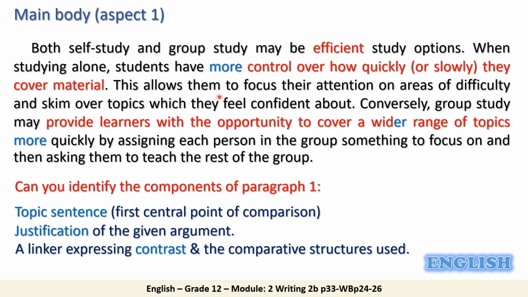This allows them to focus their attention on areas of difficulty and skim over topics which they feel confident about. Conversely is used to express contrast, that's right. Group study may provide learners with the opportunity to cover a wider range of topics more quickly by assigning each person in the group something to focus on and then asking them to teach the rest of the group.